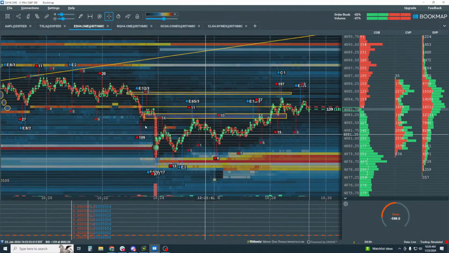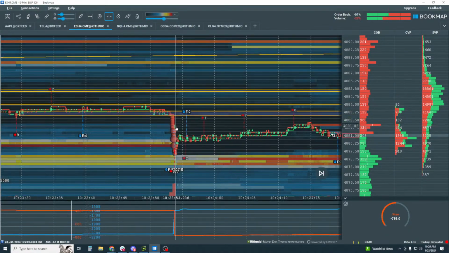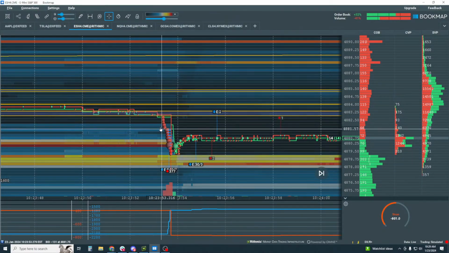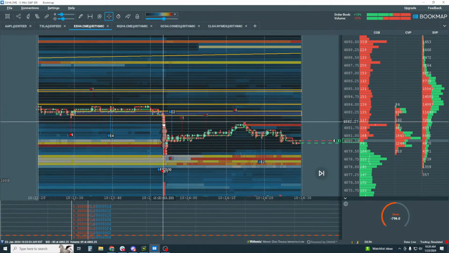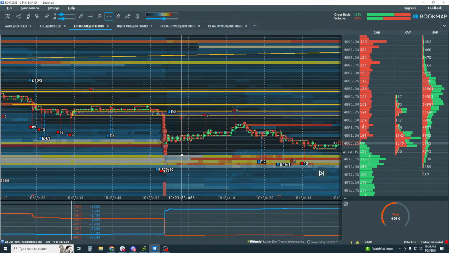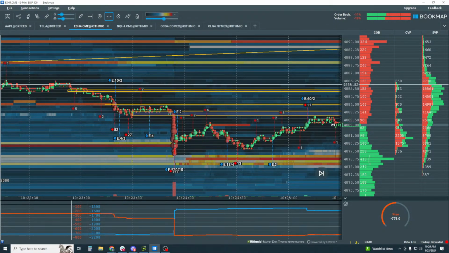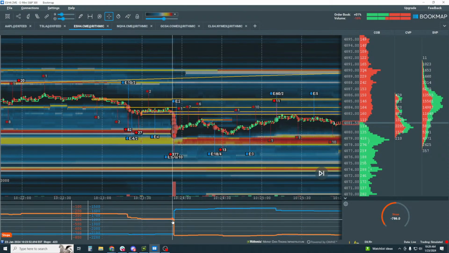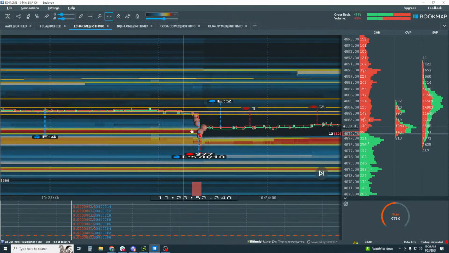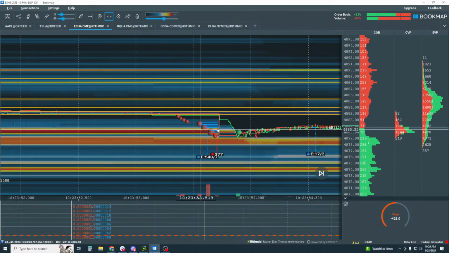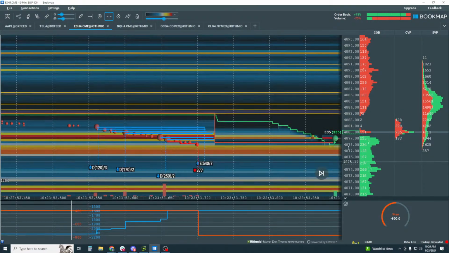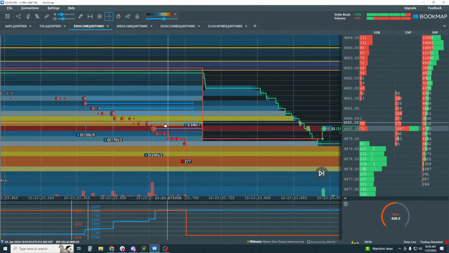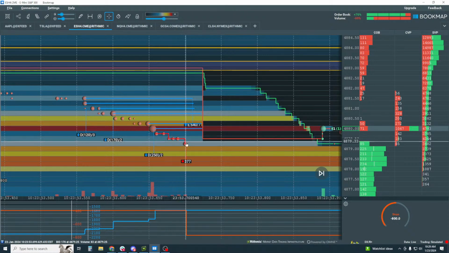I'm not really sure exactly if maybe it was some sort of geopolitical or other event, some sort of news, or just a larger player dumping, or a lot of stops being triggered in here. You can see 377 stops here, and the stops were transacted over 3 different levels.